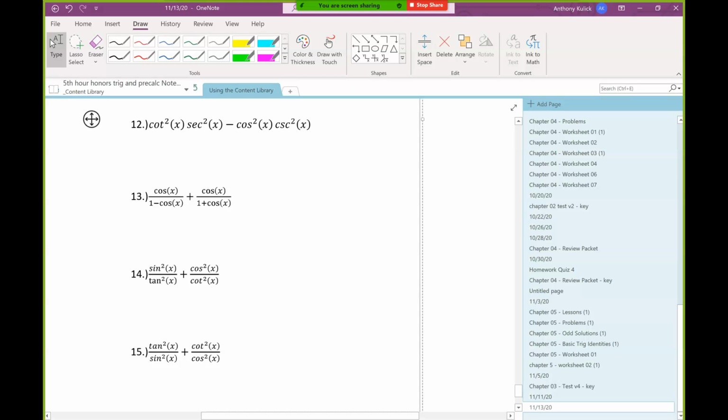Is there an obvious identity that I could use? Doesn't seem like it, right? I mean, you could rewrite the cosines as like 1 over secants or something, but now you're talking about making fractions inside of fractions, and that seems like it's just going to make things a little worse. You guys buy that?